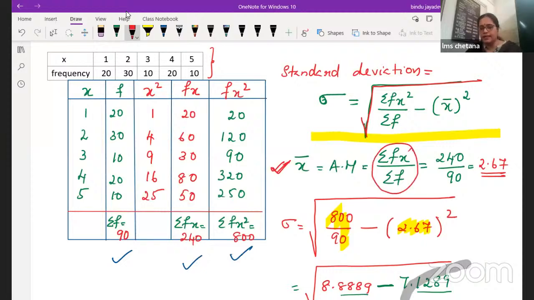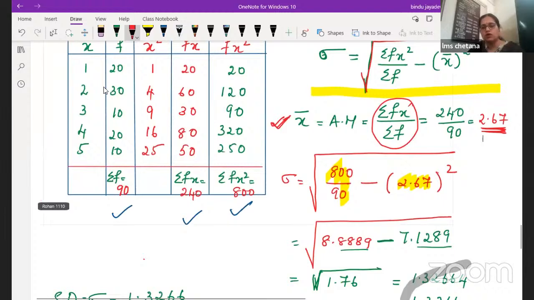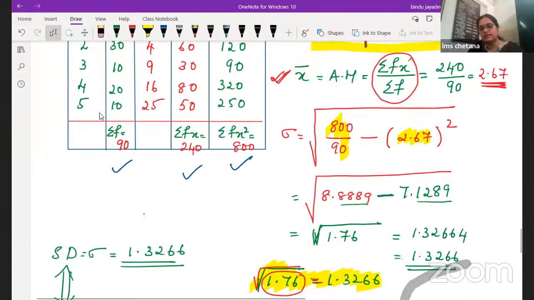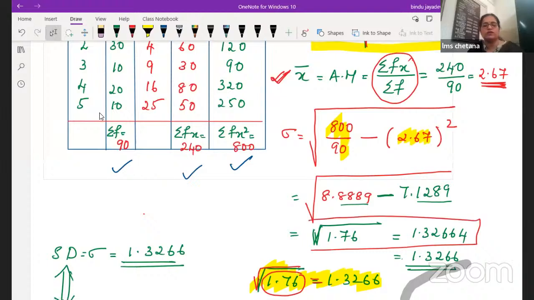Then you got that x bar. Now substitute in this one: sigma, root of 800 divided by 90 minus this one. While solving, in the last part you will get root of one number equal to this one. Therefore, inside the root, that is your variance, and after finding the root, that is your standard deviation. Therefore, this is a 6 marks question. Clear?